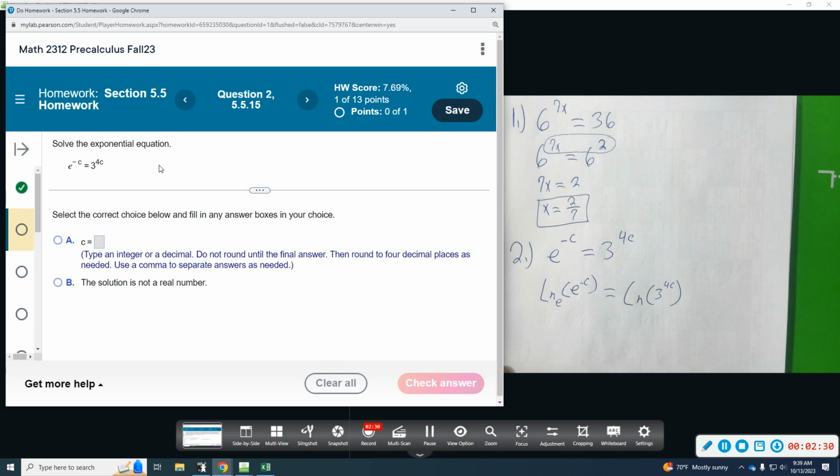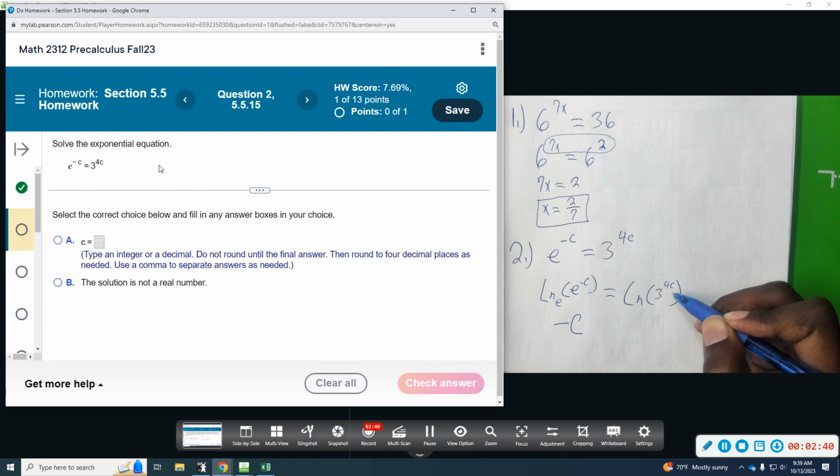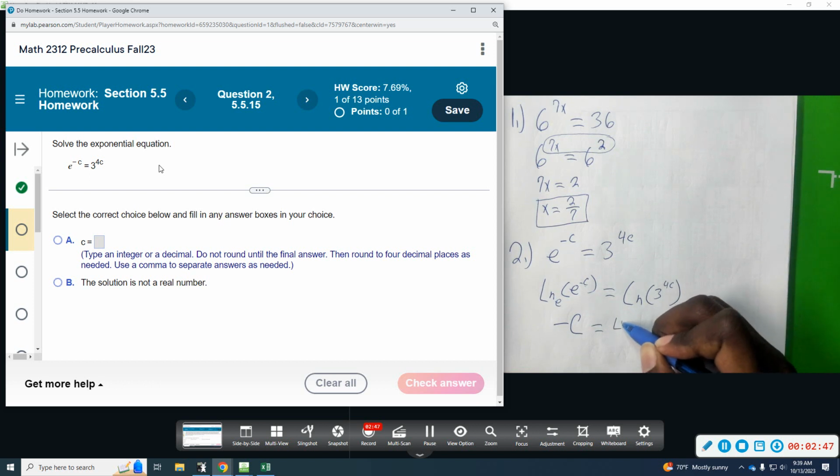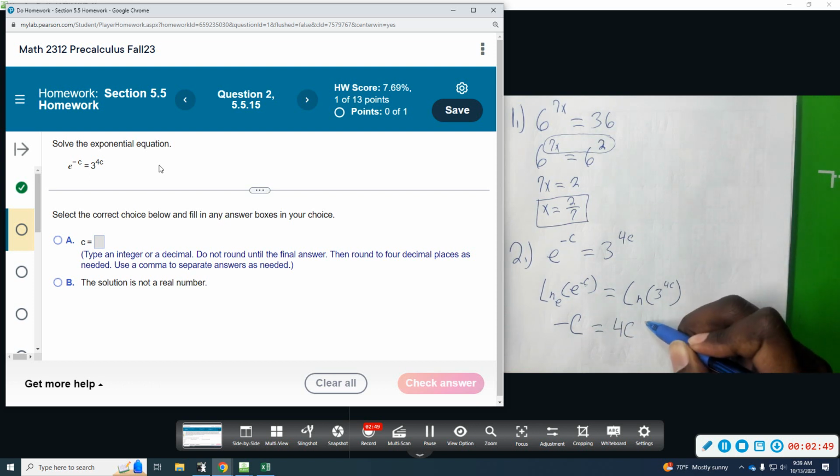So what happens here is the natural log base e will cancel out e, leaving us with just negative c on this side. And then we can bring down the exponent of 4c. So we bring down the 4c times ln of 3.